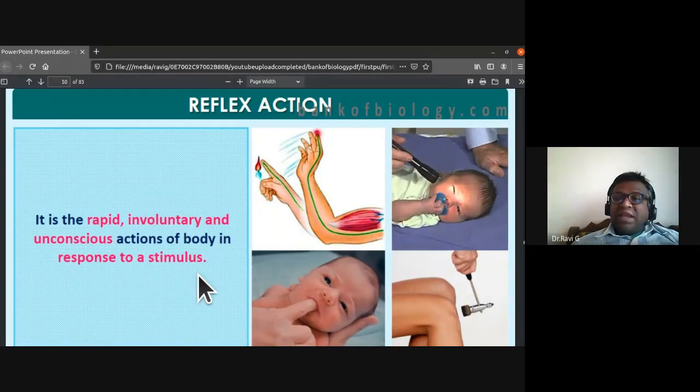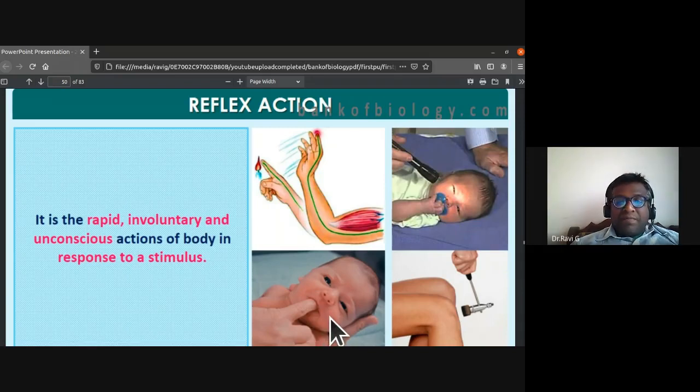Whenever the light is switched on, the infant here closes its eye, isn't it? Whenever there's a bright light, we try to minimize its intensity. This is an involuntary, rapid, and unconscious action. If you touch the lower lip of an infant, they have the reflex action of suckling.